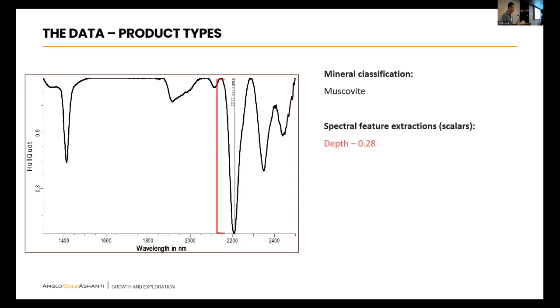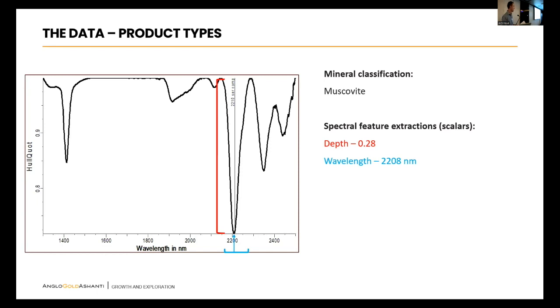These are measurements taken directly from the spectrum. So we can measure the depth of a feature. In this case, I think it's 0.28, I can't quite see there. We can measure the wavelength of the feature. On this white mica spectrum, this main feature is called the aluminium hydroxyl feature, the AlOH feature. So we're looking at the wavelength of that. It relates to the chemical composition.